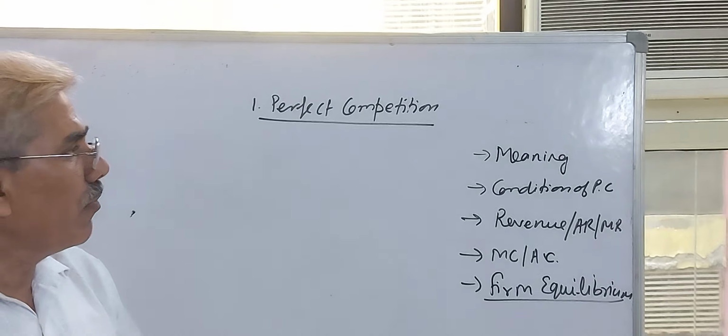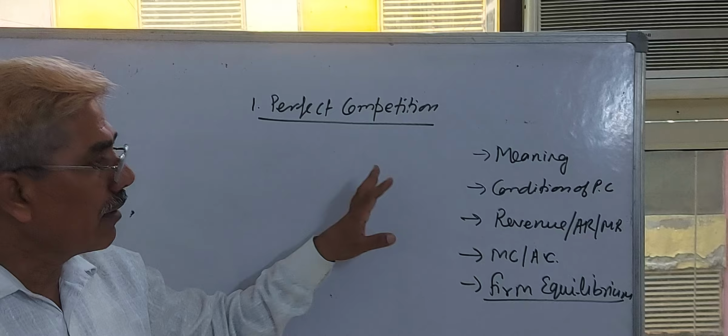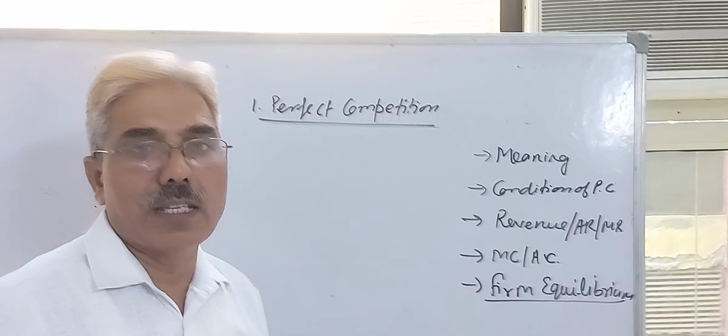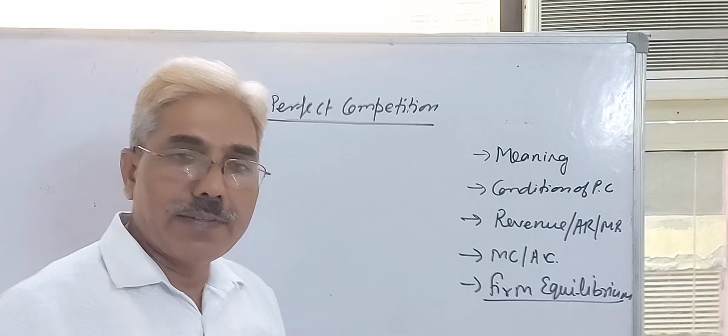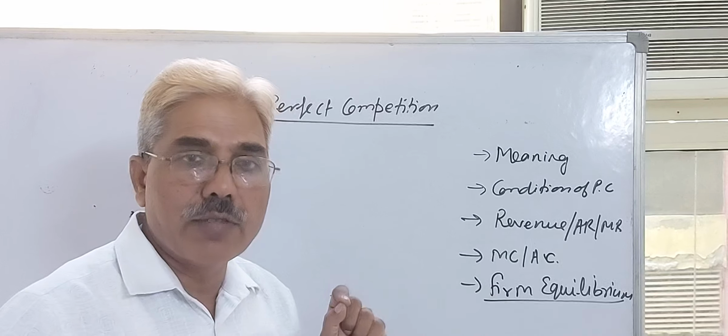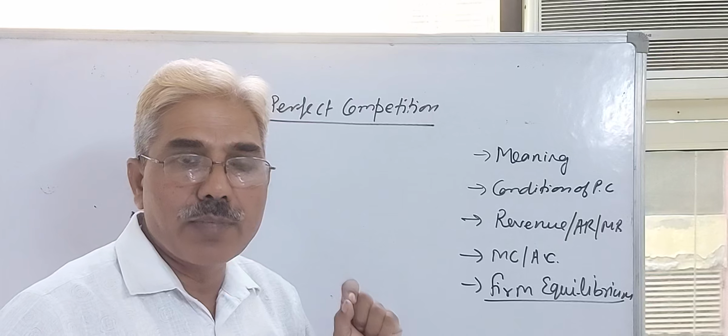What is the meaning of perfect competition? Any market can be defined on the basis of some characteristics. If they are fulfilled, then we definitely say this market is perfectly competitive. Otherwise, this market is imperfectly competitive.